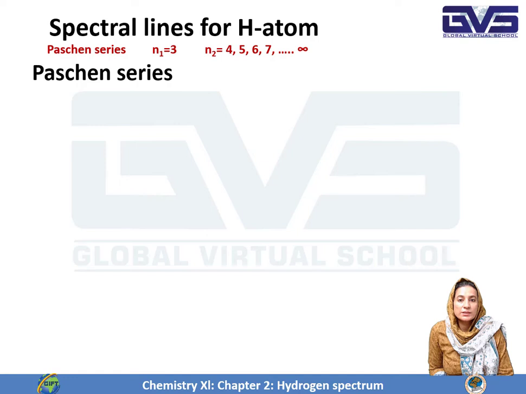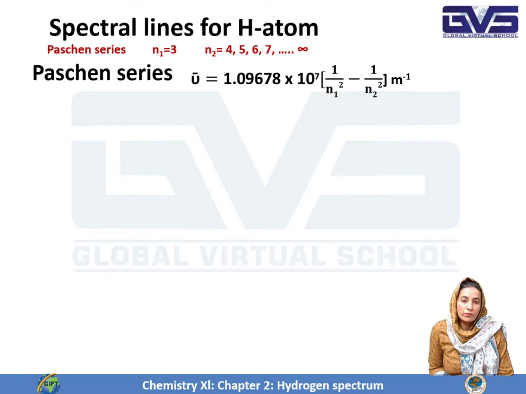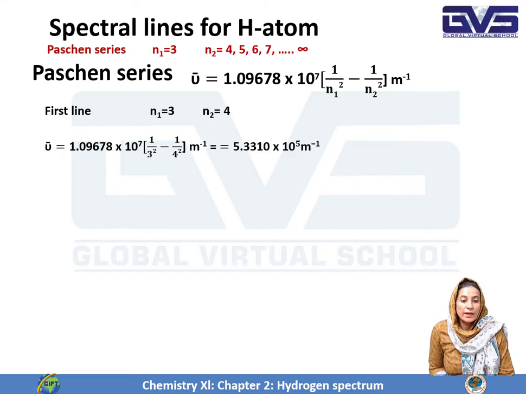Similarly for the Paschen series, the lower orbit is the third orbit, and the higher orbits will be 4, 5, 6 and up to infinity. Just apply this equation for wave number calculation, add the values and solve. For n1 equal to 3 and n2 equal to 4, taking 4 square and taking the LCM and multiplying, you can find the wave number for the first line.